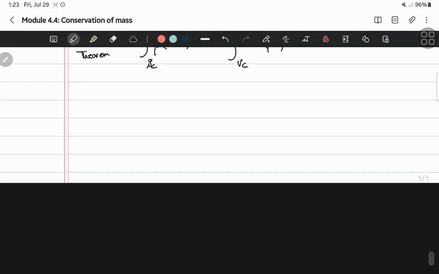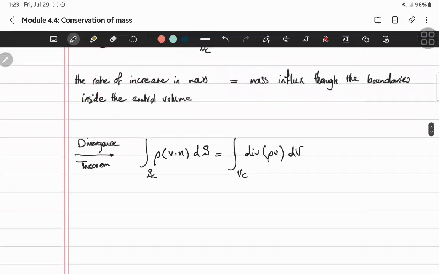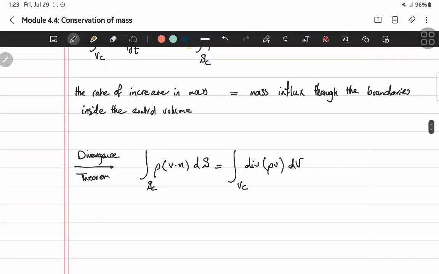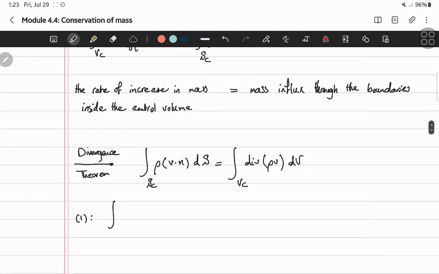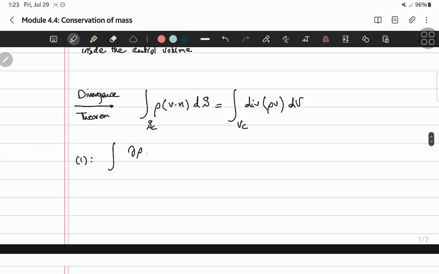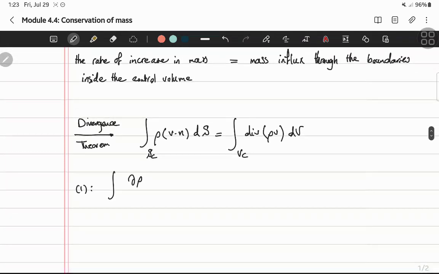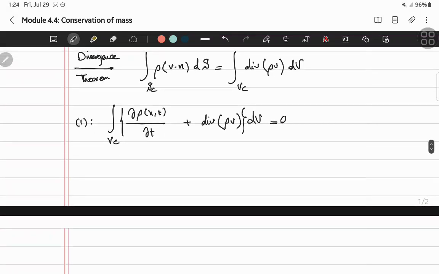So we can rewrite equation 1 as the integral of the partial derivative of rho(x,t) with respect to t dv plus the divergence of rho v, whole dv over vc, is equal to 0.